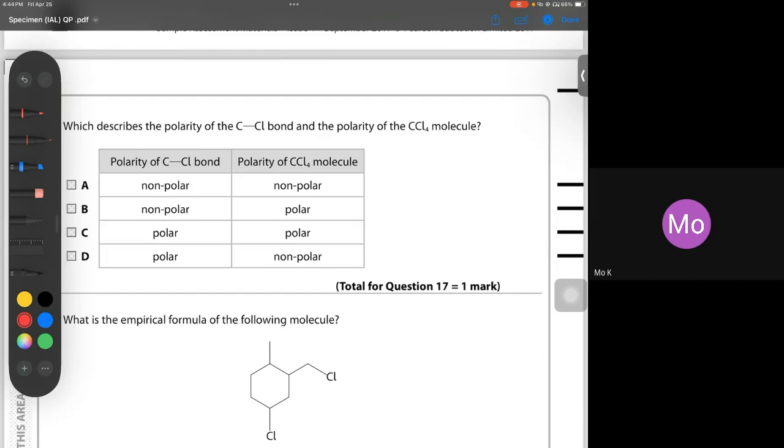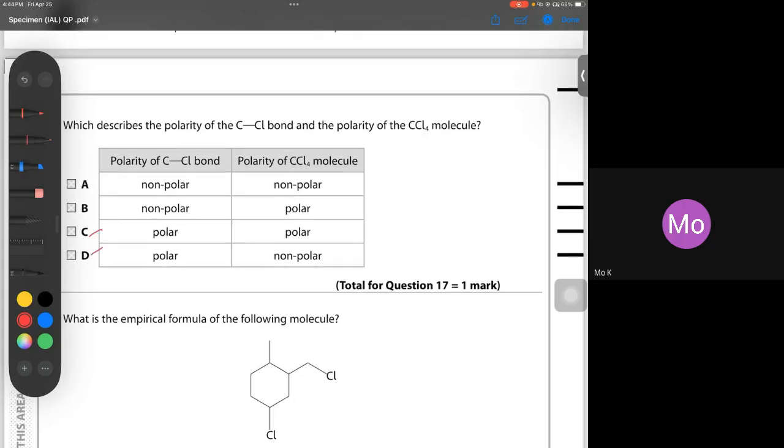If you ask how I can identify whether a bond is polar or non-polar, if you can see different elements, carbon-chlorine, carbon-bromine, carbon-fluorine, carbon-iodine, it would be polar. We have two options, C and D, and then we have to decide about CCl4. They are asking about the molecule, not the bond, the whole molecule.